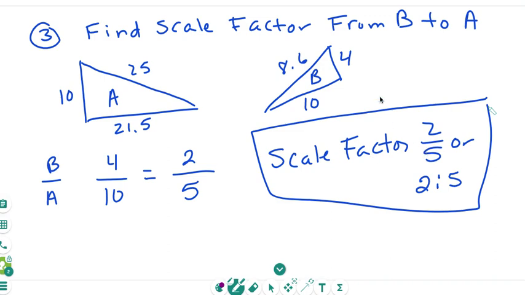Because remember, if I'm going from B to A, if I use the scale factor, I can figure out the missing sides of A. Also, if I set up each of these sides and reduce them, they all should reduce to 2/5.